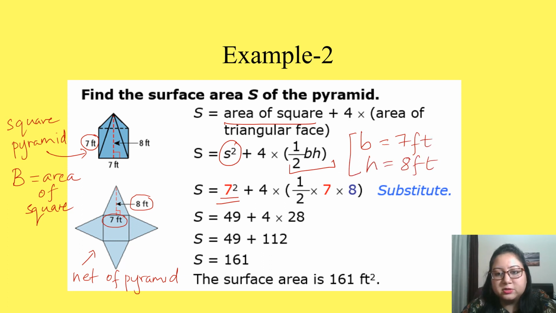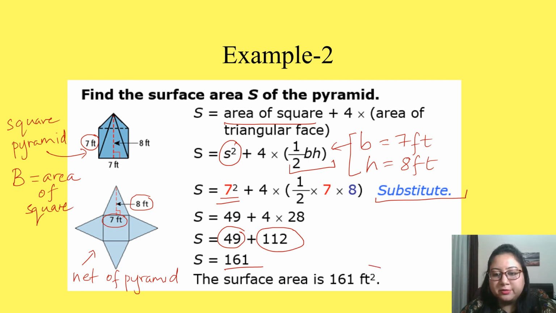Substituting them in half times B times H and simplifying, we get 4 times 28, which is 112. And now finally we are going to add these two areas, the base area 49 and the lateral area 112, to get 161.